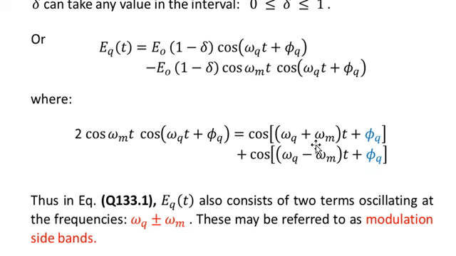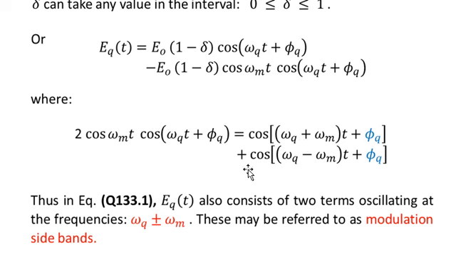So it means that this term actually represents two frequencies. One is represented by omega_q plus omega_m, and the second is represented by omega_q minus omega_m. So it means that the qth mode that we are discussing now has two additional frequencies.